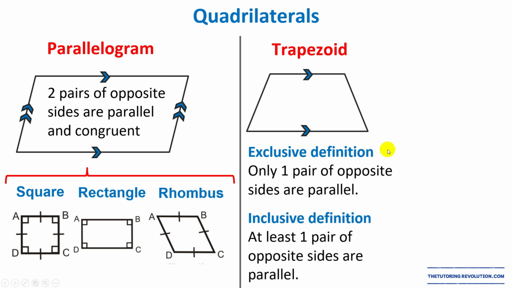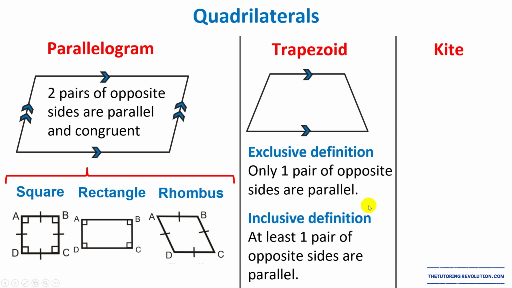So we're going to be focusing mostly on the exclusive definition of trapezoids to avoid confusion with parallelograms. But keep in mind that there are two definitions, and sometimes they will ask you questions considering this second definition here, the inclusive one.